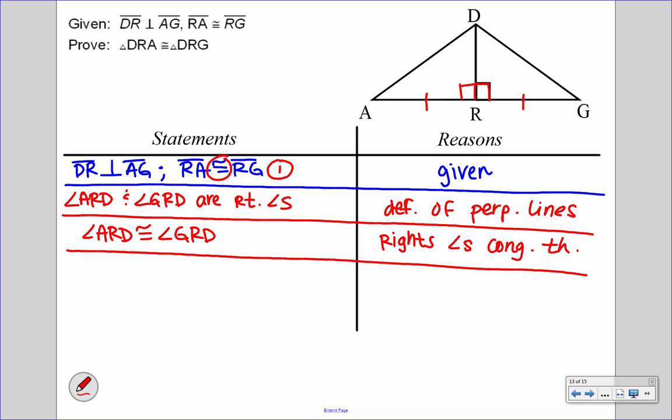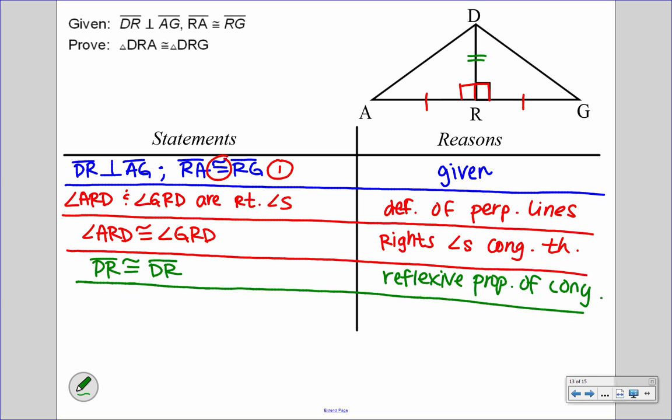And the last one we actually can find from just looking at the picture. They share a side. So we can say that DR is congruent to DR because of the reflexive property of congruence. And we already have one congruency statement at the top.